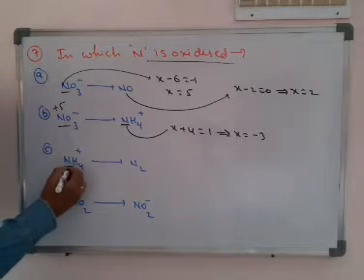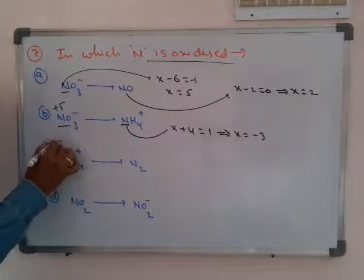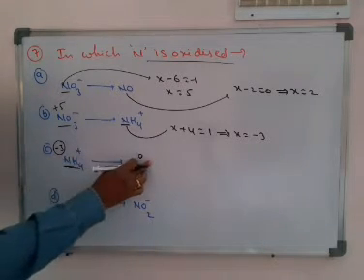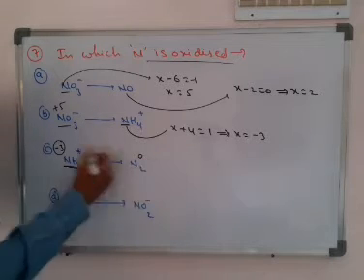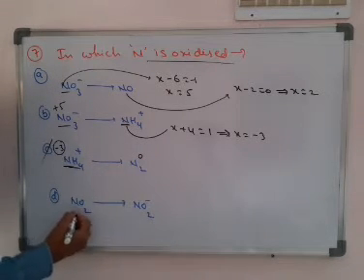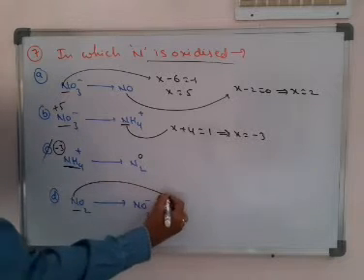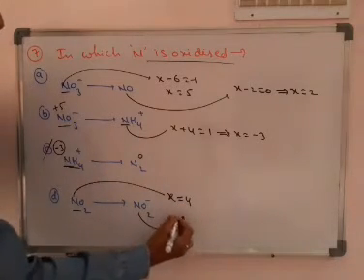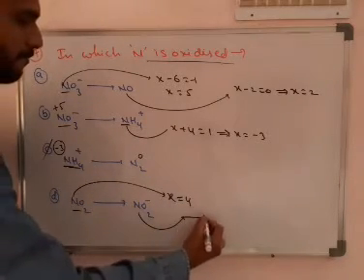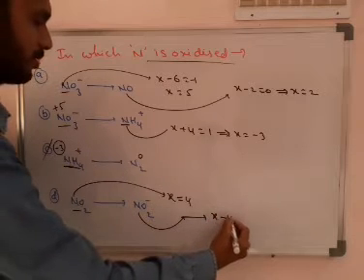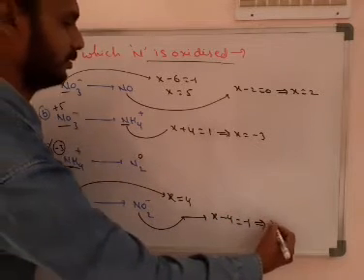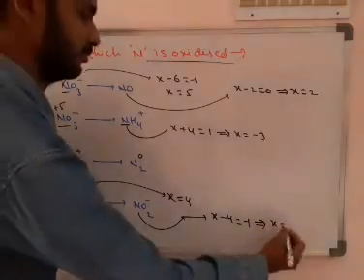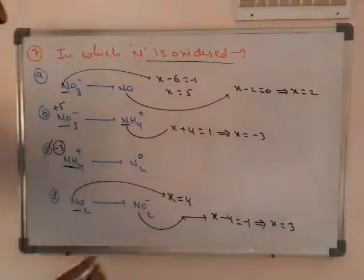Let's see here. We already calculated the nitrogen oxidation number in the ammonium ion as minus 3, and nitrogen is 0. So it goes from minus 3 to 0; it is increased. So it is oxidized. Compare this one also: what is the nitrogen oxidation number here? x minus 4 equals minus 1... so here also nitrogen is reduced.